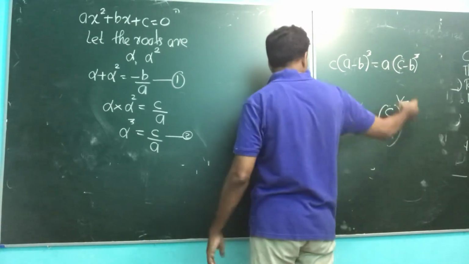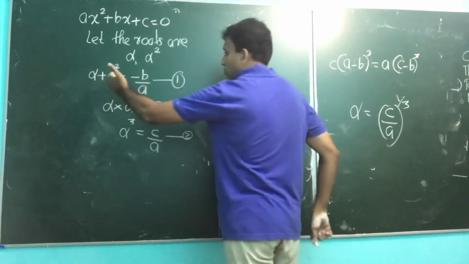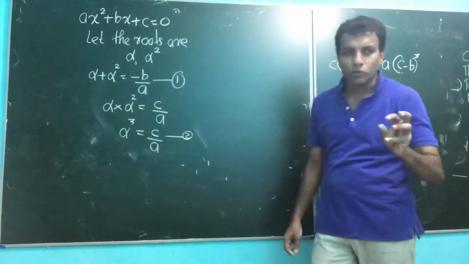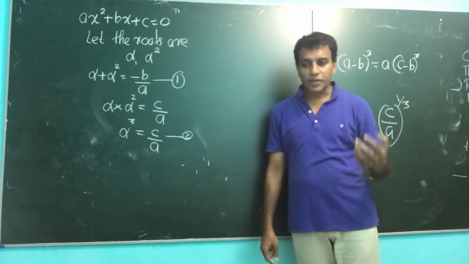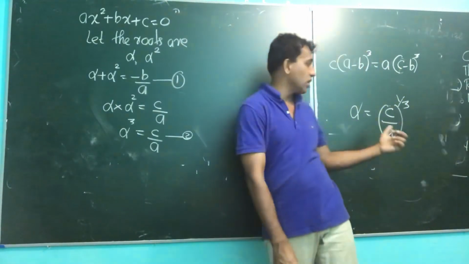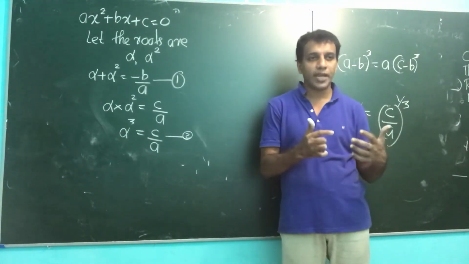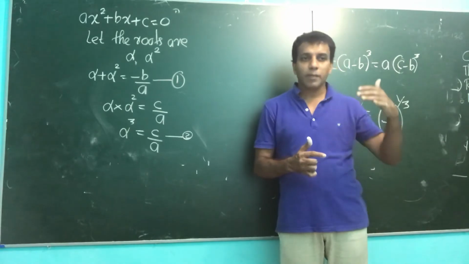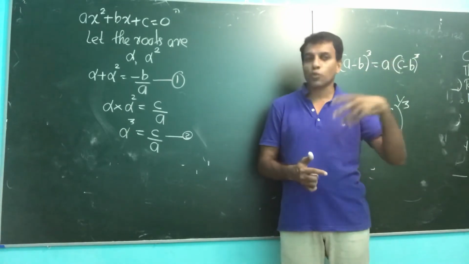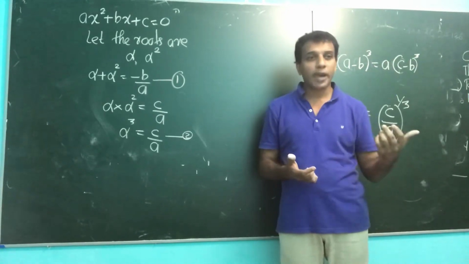Then you can take the 1/3 and put it here and simplify for alpha to get the answer. But sometimes if you fail in indices knowledge, squaring and cubing both sides, it takes a long time to get the final answer.